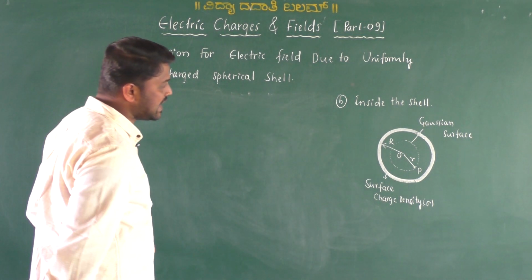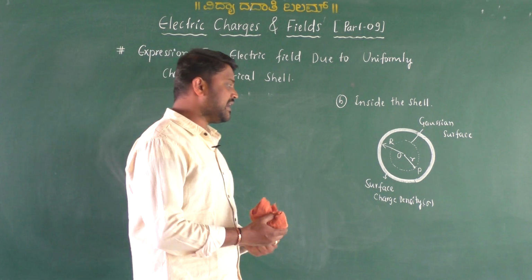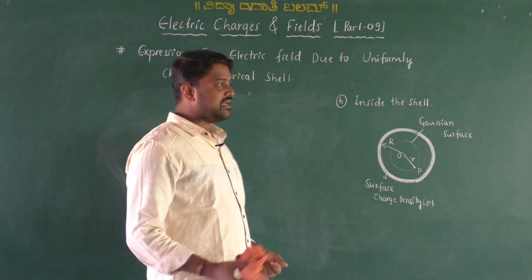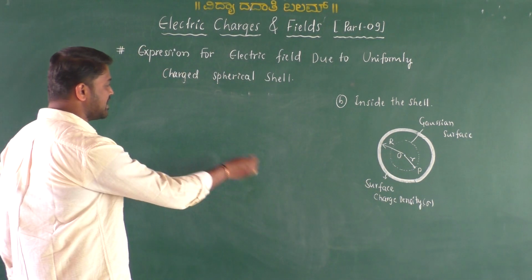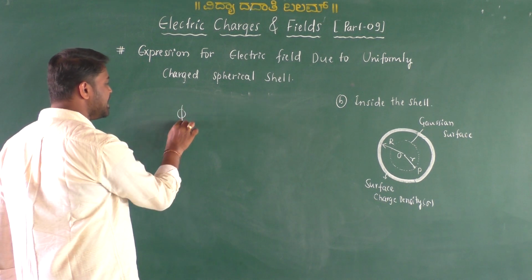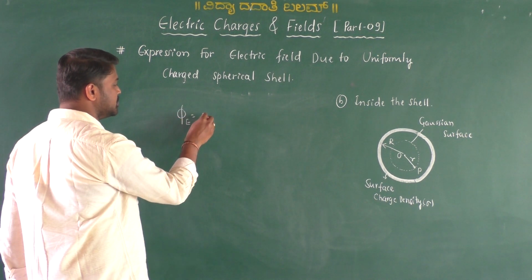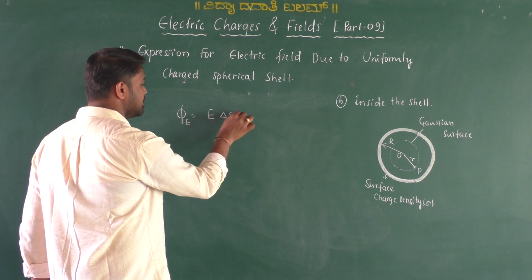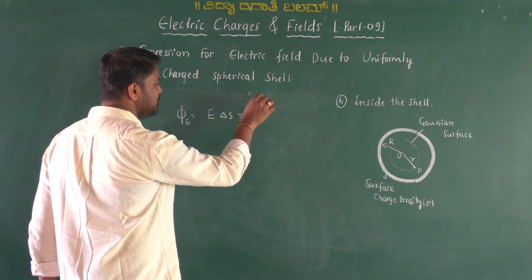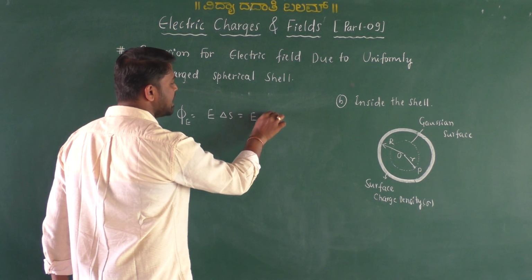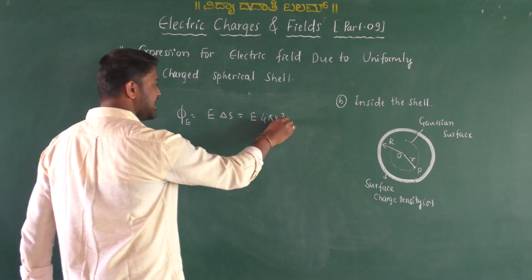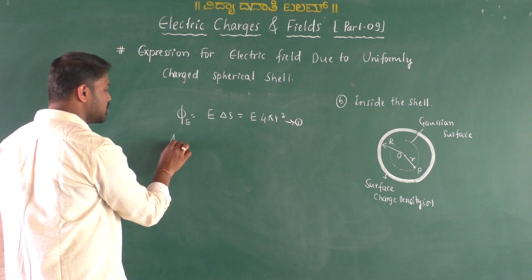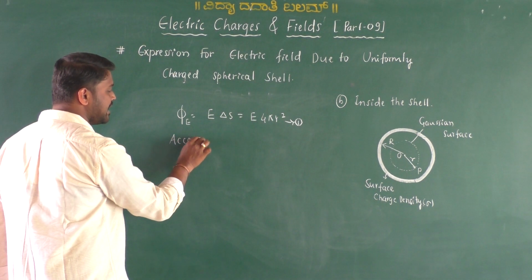Consider a point P inside this sphere. According to the definition of flux, phi of E equals E delta S, so E as usual into 4 pi R square. Say this is equation number 1.